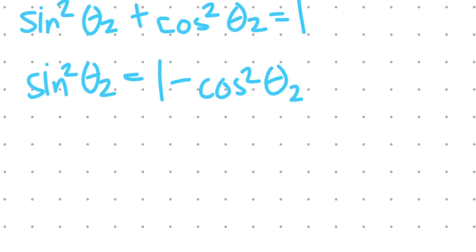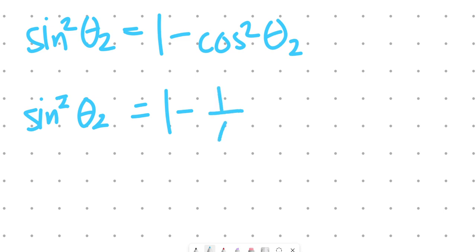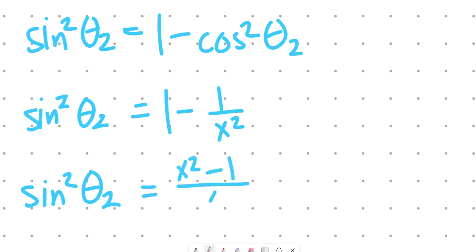Now what is cosine squared theta 2? It is the same thing as 1 over x squared. So 1 minus 1 over x squared, and now we put this into the same denominator so that we get a unified fraction, which means sine squared theta 2 is equal to x squared minus 1 over x squared.